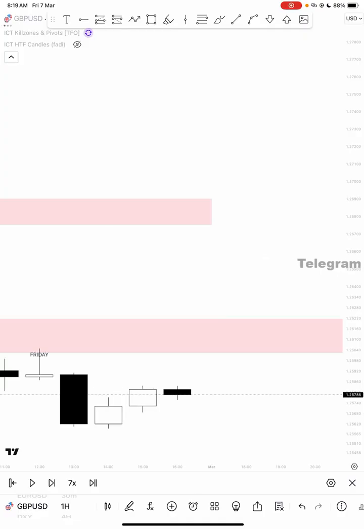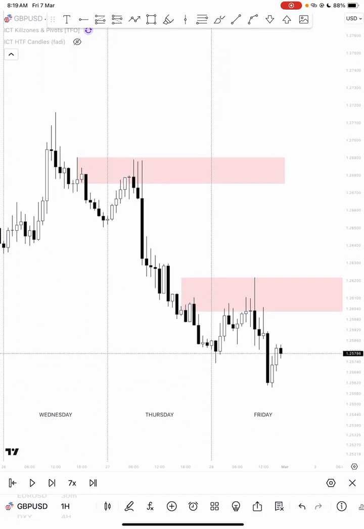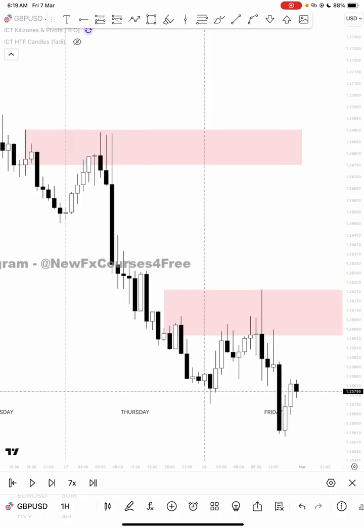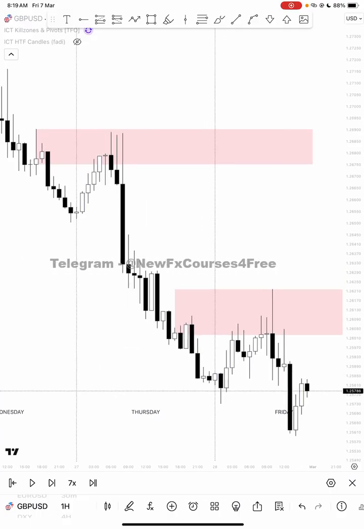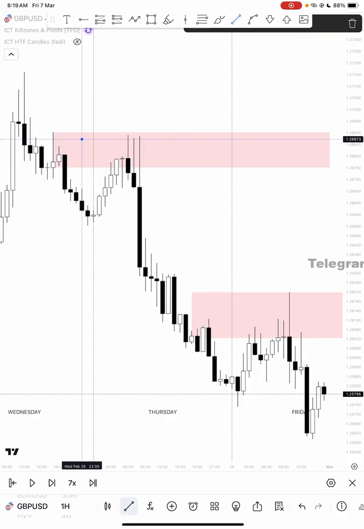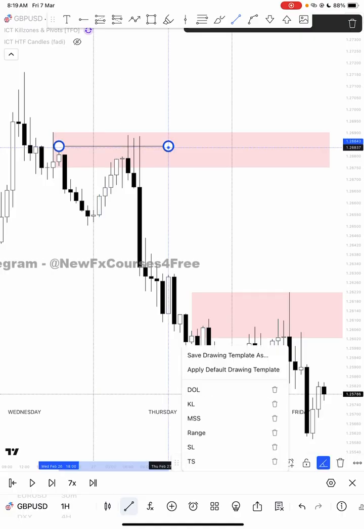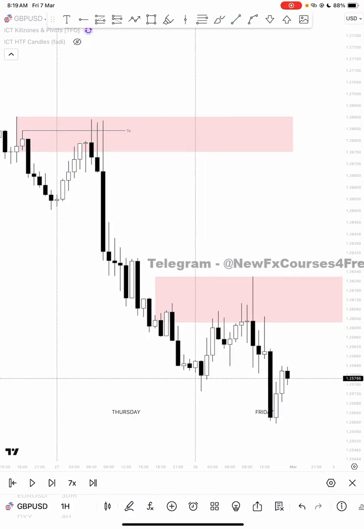Let me use the 1 hour time frame. So here we have to sell above the opening price. So here the market actually went higher and you got your turtle soup. And we are waiting for our buy zone.